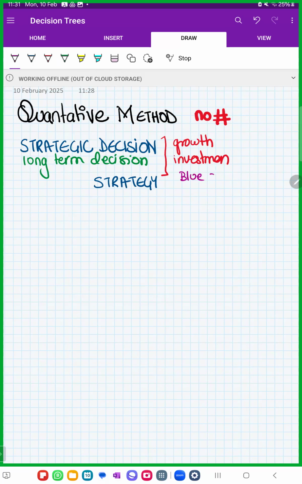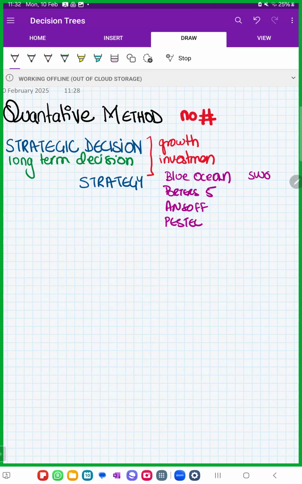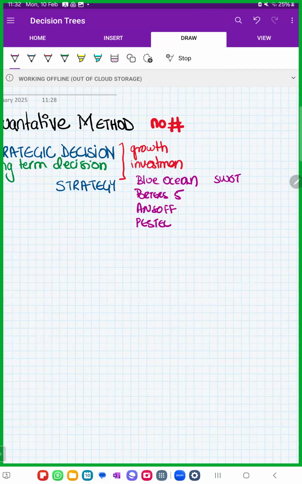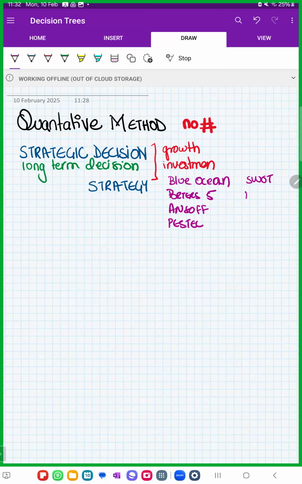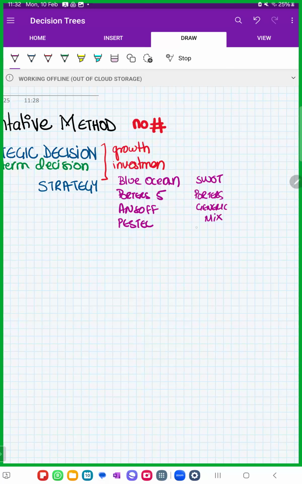Blue Ocean, Porter's Five Forces, Ansoff, PESTEL, SWOT, the generic matrix, and force field also, I think.